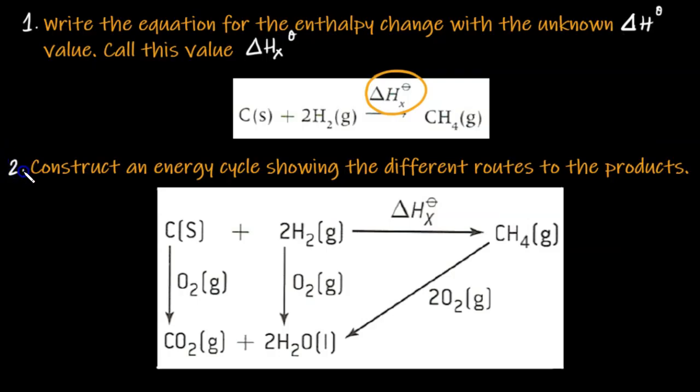Now the second step is to construct an energy cycle showing the different routes to the products. In this case, the products of combustion. So the first route is from carbon plus hydrogen to the products.